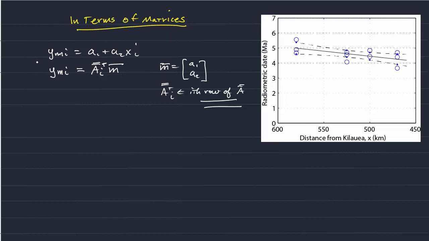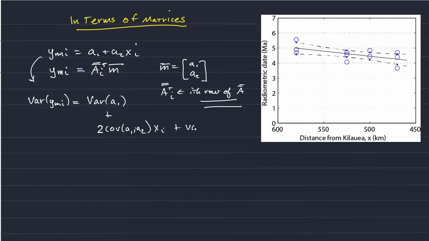And using our top equation to define our variance, the variance of ymi is equal to the variance of a1. Before, we used the solutions for a1 and a2, but here we're actually using a1 and a2 to define the variance. And because a1 and a2 are not independent, we have to take the covariance of a1 and a2, and we have to multiply that by xi squared.